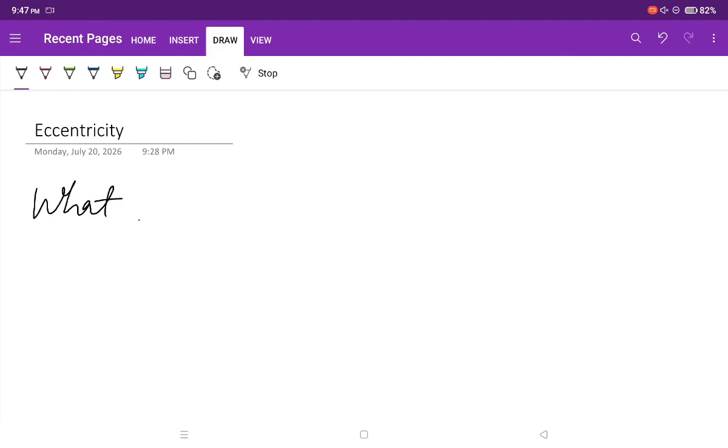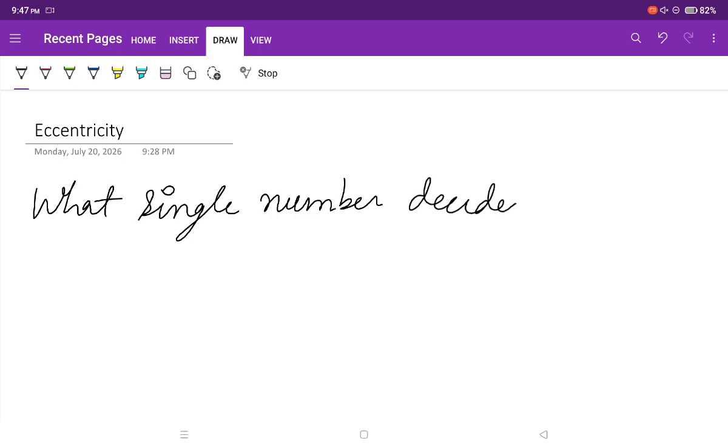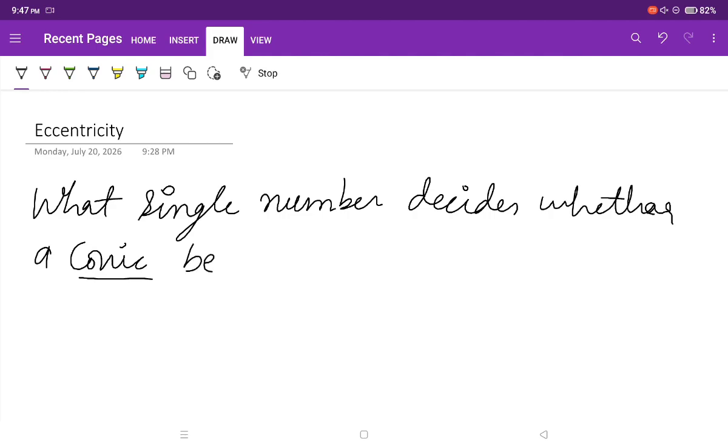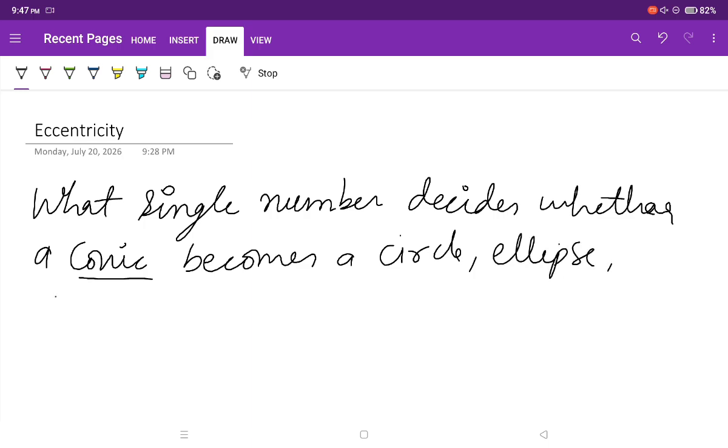So we have, what single number decides whether a conic becomes a circle, ellipse, parabola, or hyperbola?